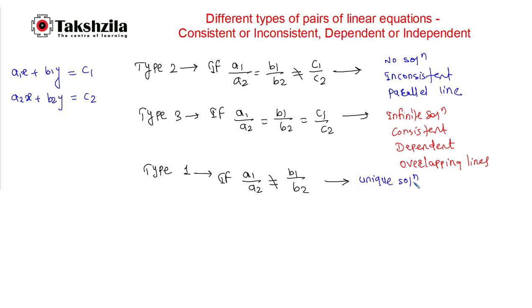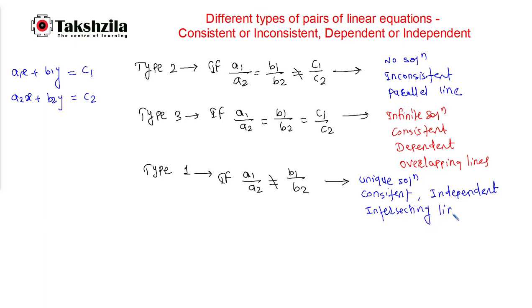Are they a consistent pair of equations or inconsistent? They are consistent. Along with that, they are independent. They represent which kind of lines? They represent intersecting lines.